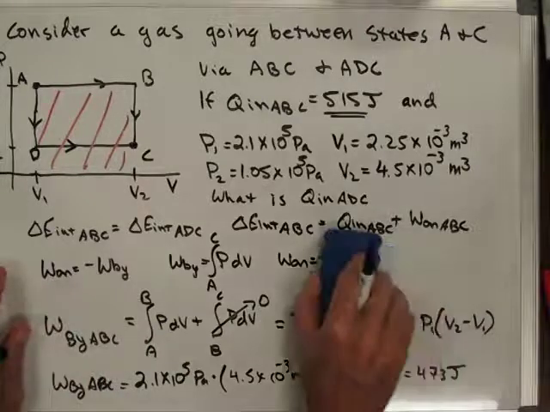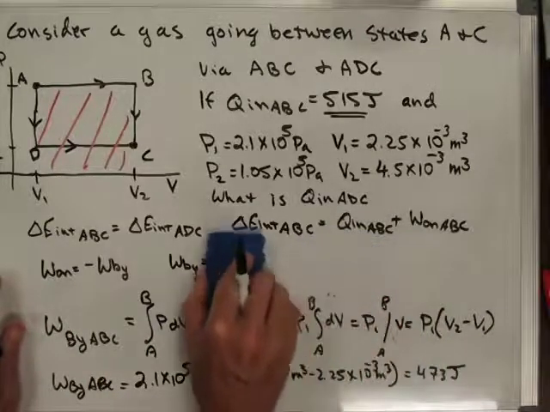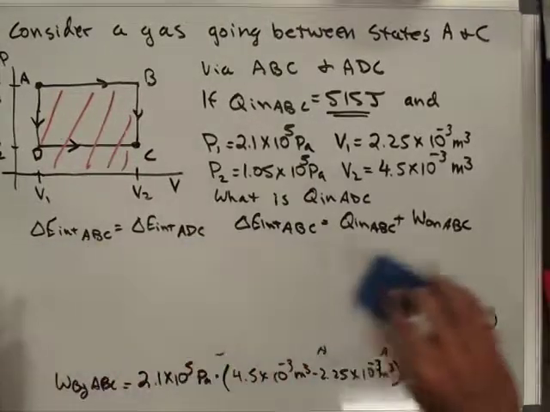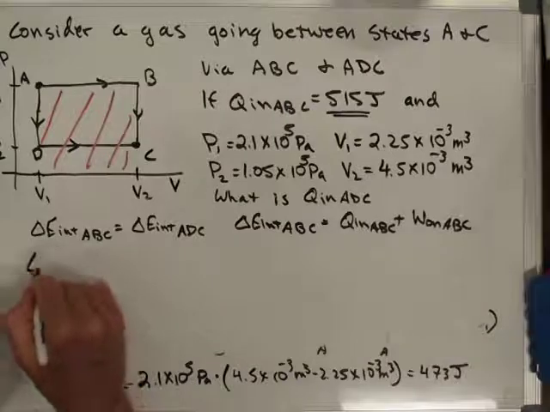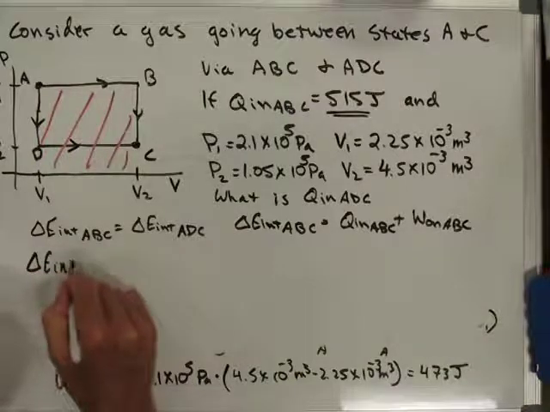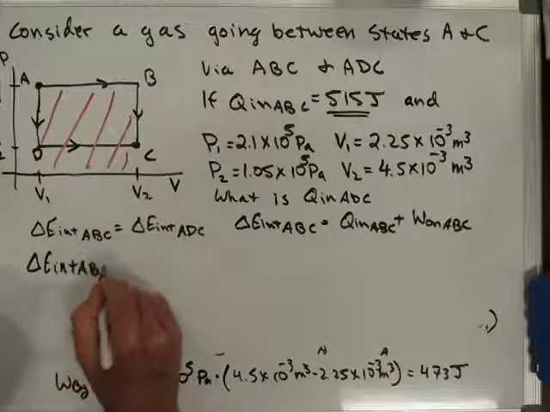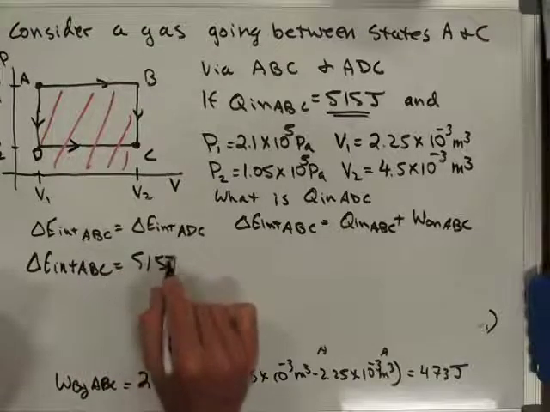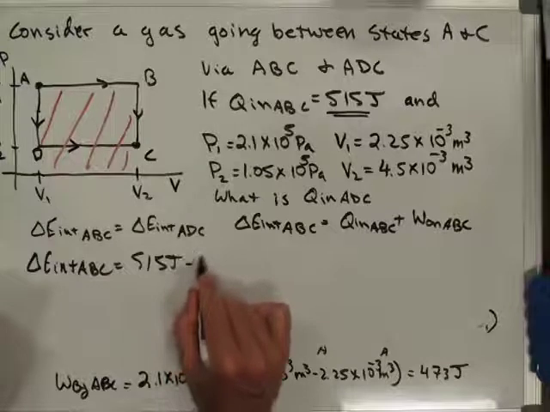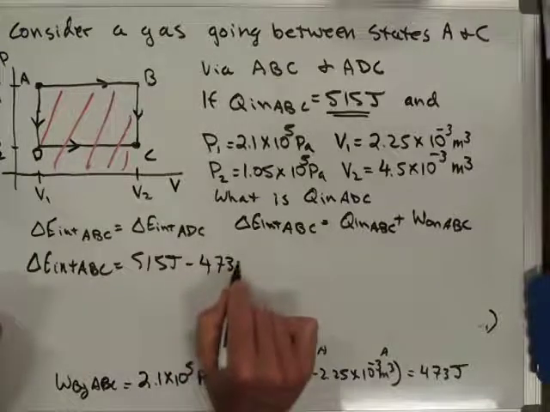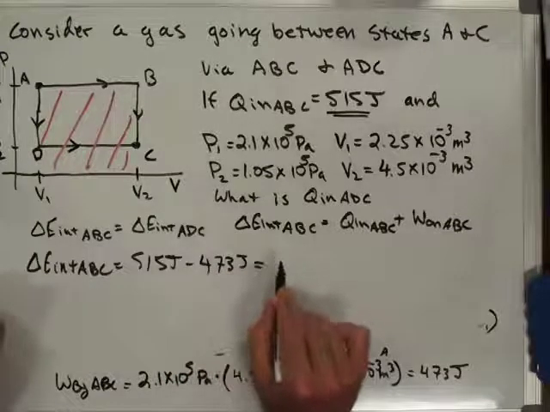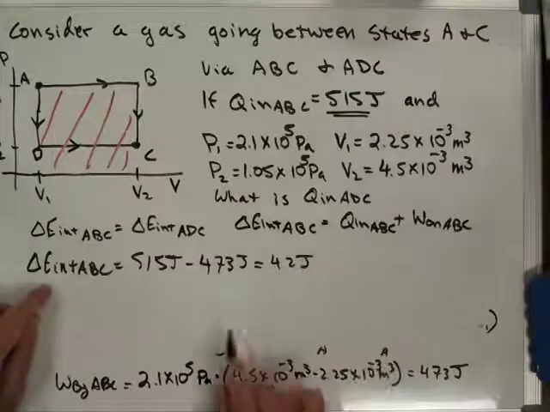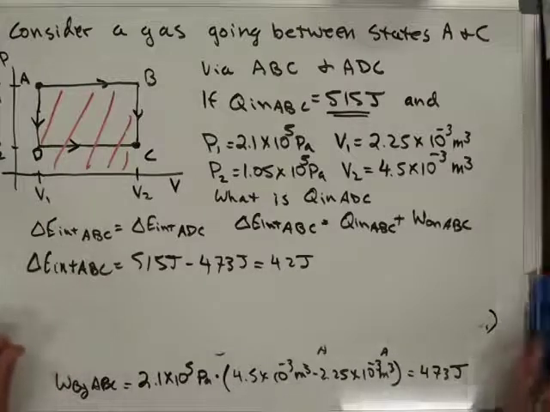And so if I erase a little bit of this, keeping maybe my numbers at the bottom, I'm going to get the change in internal energy along ABC is 515 joules minus 473 joules, which is, I'm going to say, 42 joules. So that's the change in internal energy going on that route, right?